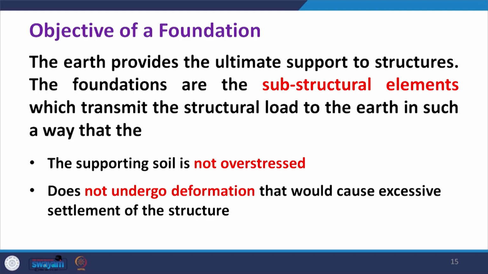That is, in technical terms we say that the bearing capacity of the soil should not be exceeded, as well as the second criterion, that the soil should not undergo deformation that would cause excessive settlement of the structure. So, that means basically the settlement should be within the permissible limits. This is the basic objective of a foundation, transferring the load to the ground from the structures.